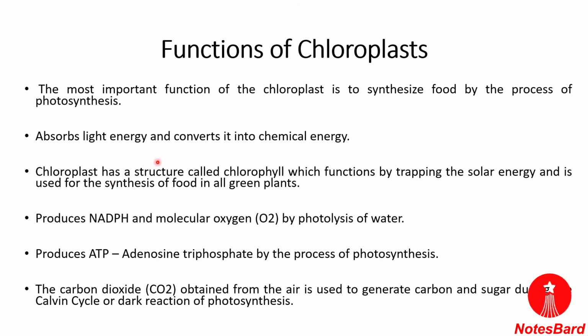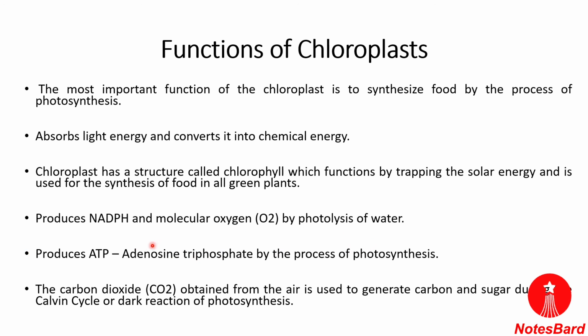Chloroplasts have a structure called chlorophyll, which helps in trapping sunlight, and it is used for synthesis in all the green plants. The main function, either directly or indirectly, is the synthesis of food. Basically, it helps in making food for the plant, and the byproducts are oxygen and water. They produce NADPH and molecular oxygen by photolysis of water.